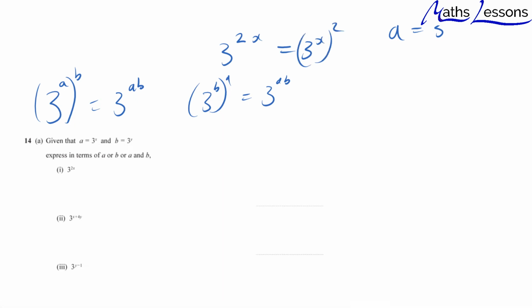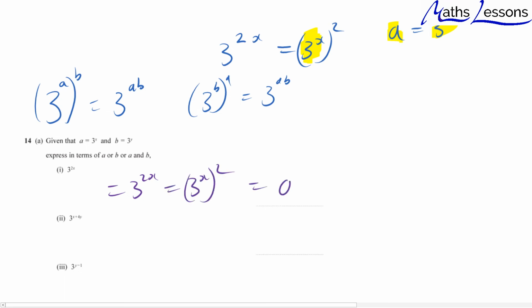And now we've got something that looks exactly like a, because a is 3 to the x. So essentially what we have is a squared. So 3 to the 2x is equal to 3 to the x, to the 2, which is equal to a squared.